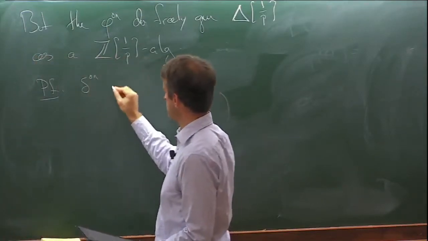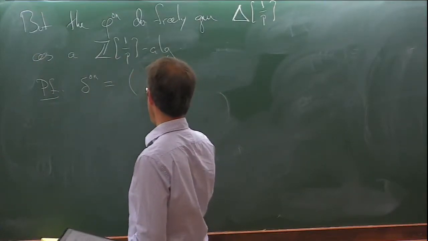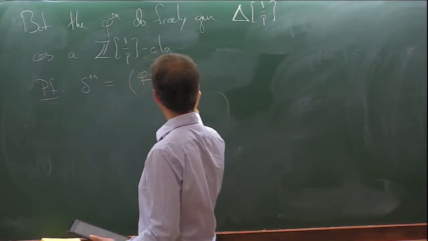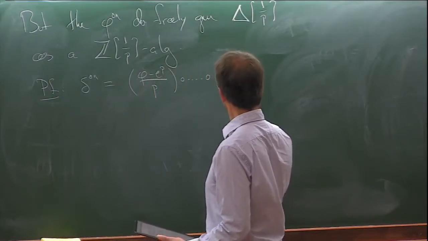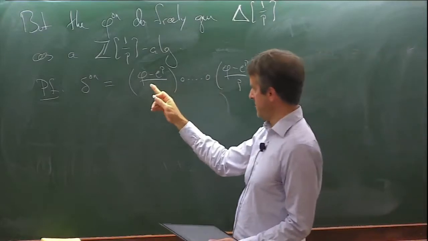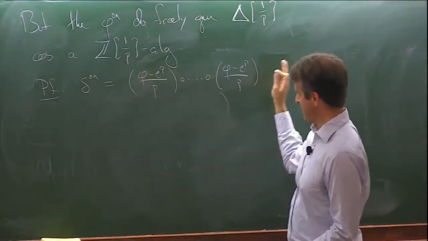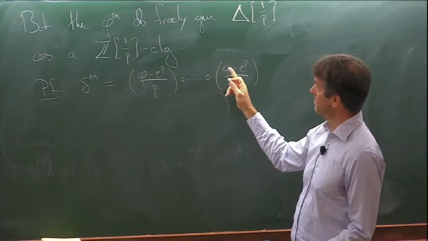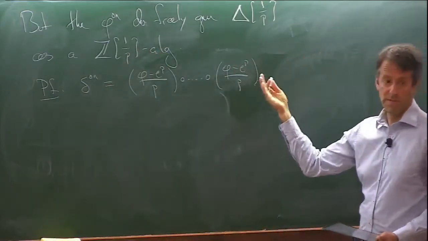And the reason is just that delta composed with itself n times is, I mean, what is delta? It's phi minus e to the p, divided by p. You just compose that with itself n times, and as long as you're allowed to have p's in the denominator, you can expand this out. This will be some polynomial expression in the iterates of phi up to level n. And delta composed with itself n times is that polynomial expression.